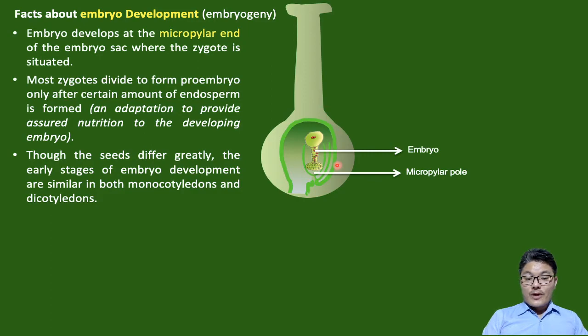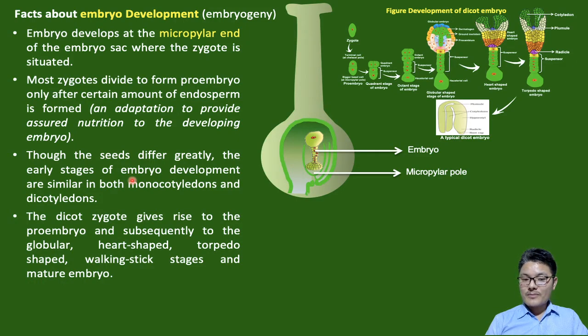Development of embryo in dicot plant and monocot plants are similar in the earlier stages, but these are different if we observe in detail about the later stages of embryo development.